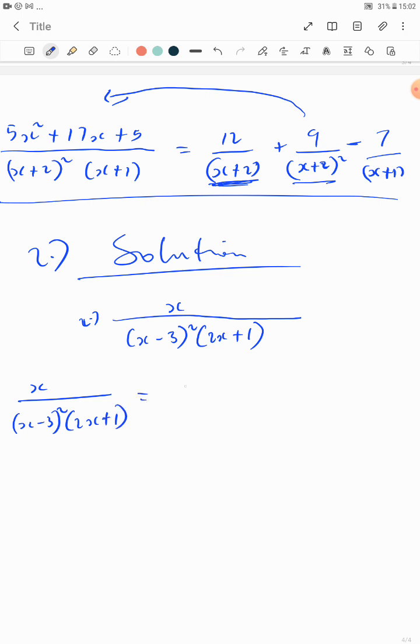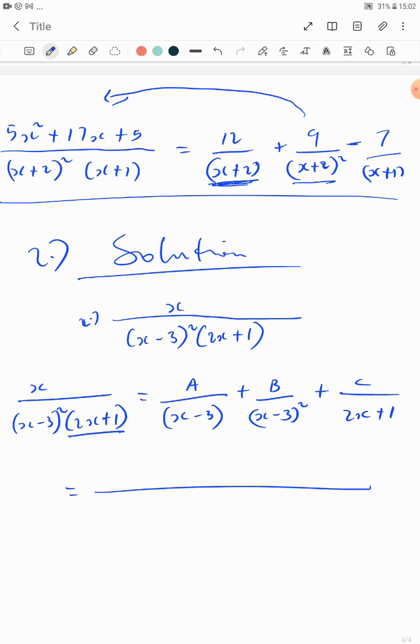So we have it as A over (x minus 3), that's the first power, plus B over (x minus 3) squared, the second power, and then plus, so the third one now, C over (2x plus 1). And then we find the LCM.